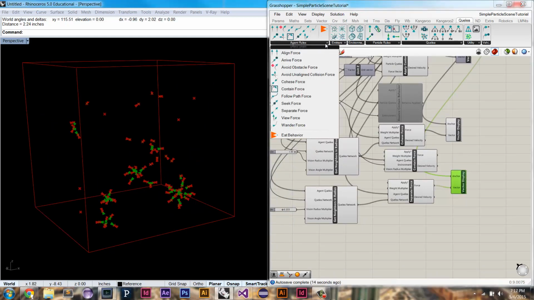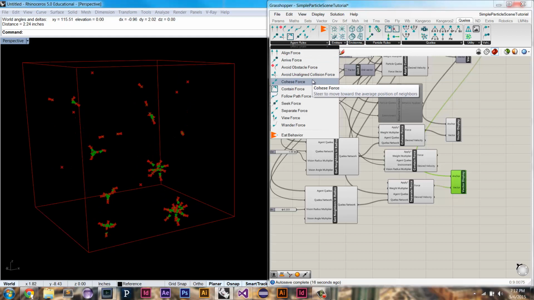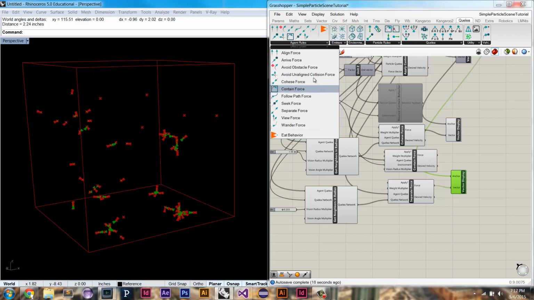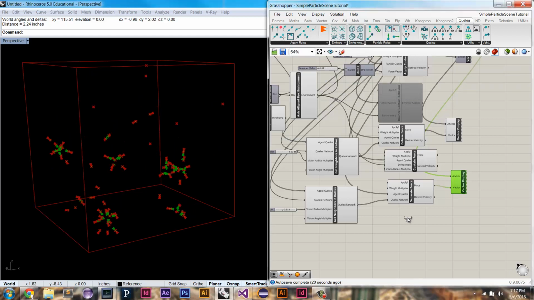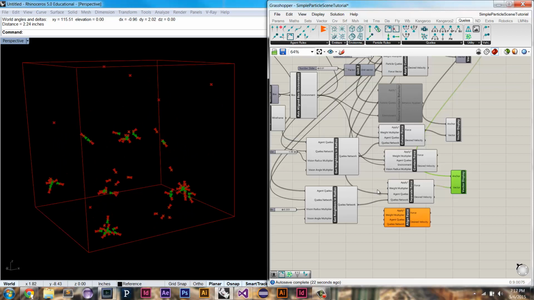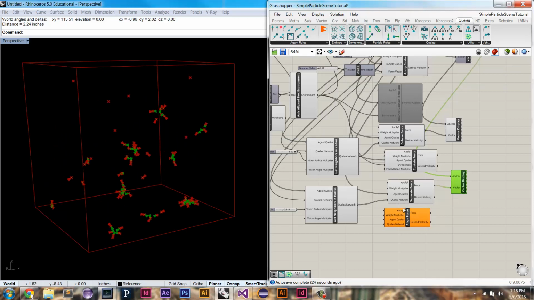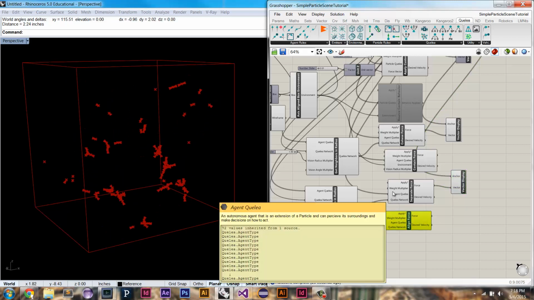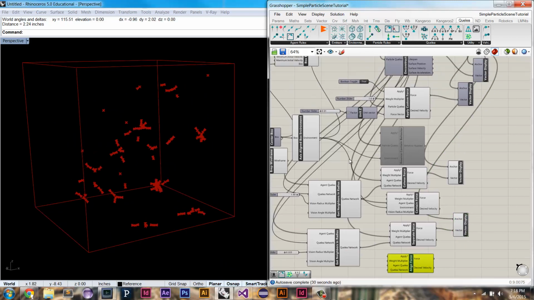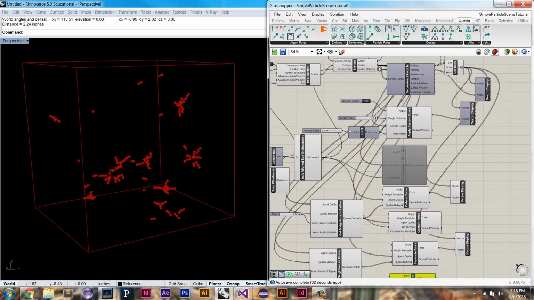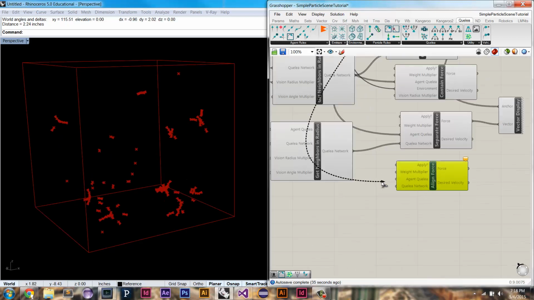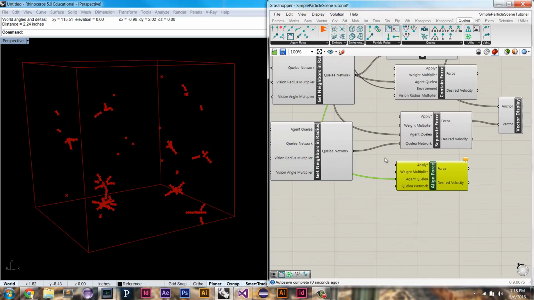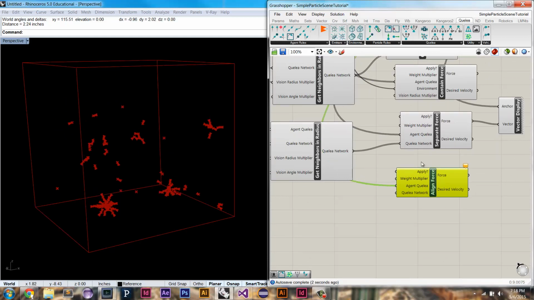The last one in the common set of flocking behaviors is alignment. So here we have the align force, and the align force pretty much says try to match your velocity, essentially. Travel in the same direction as your neighbors. This is pretty much another kind of collision avoidance behavior, just like separate.